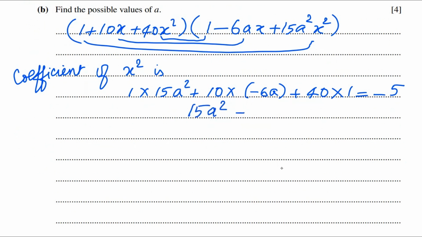So 15a square minus 60a plus 40 plus 5 equal to 0.